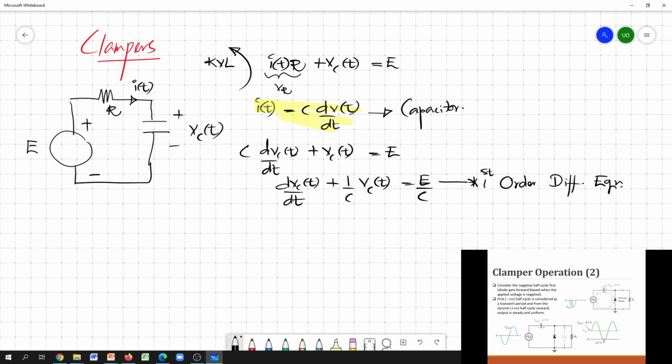By solving this first order differential equation, we can get an expression for the voltage across the capacitor.